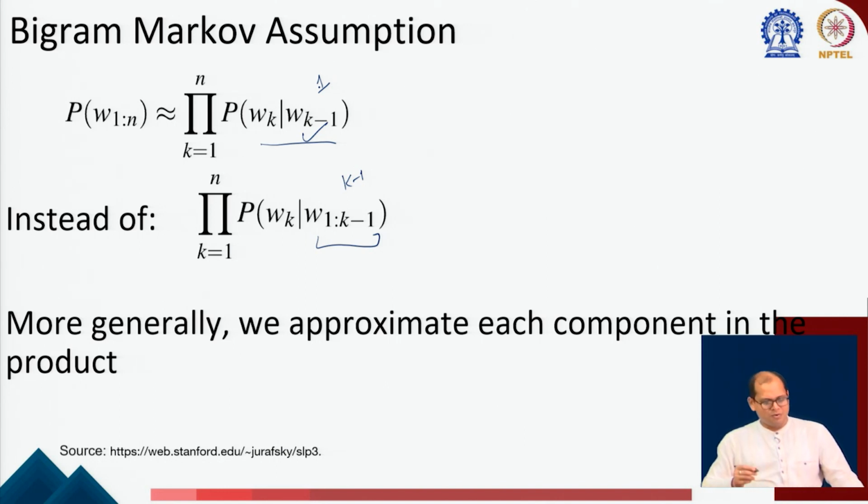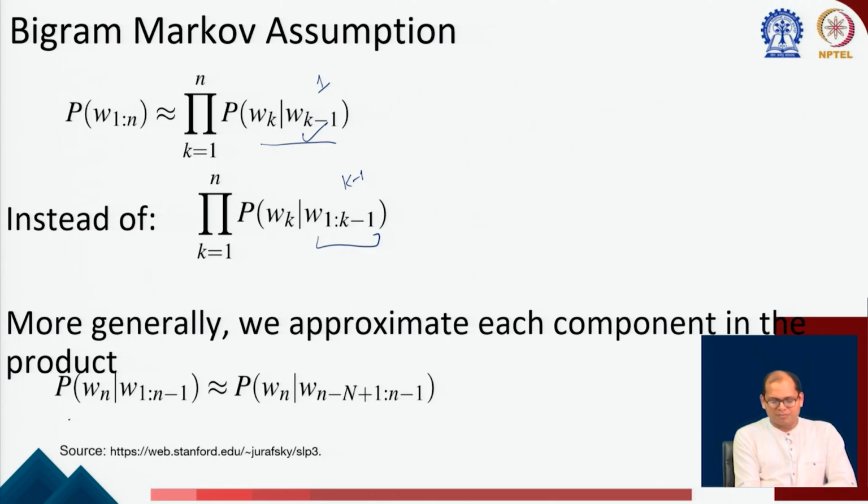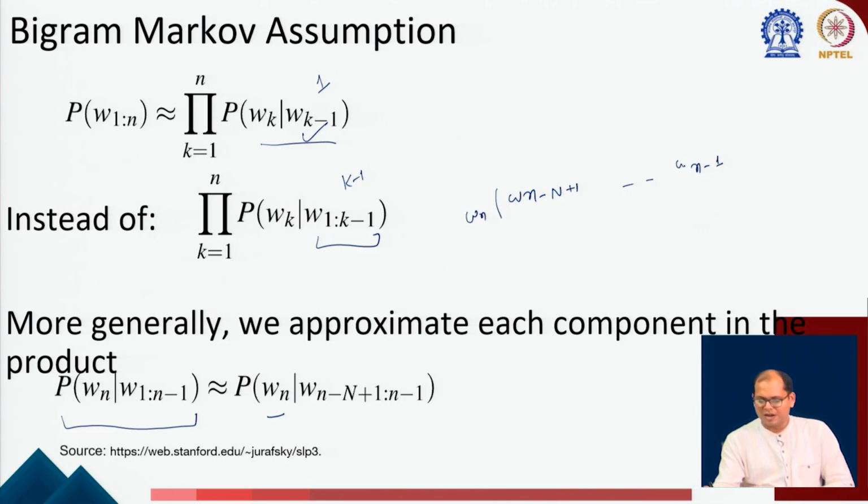If I have this product wn given the previous words, in general I will say wn given the words from w of n minus n plus 1 up to w of n minus 1. So how many previous words am I using? I am using n minus 1 previous words.